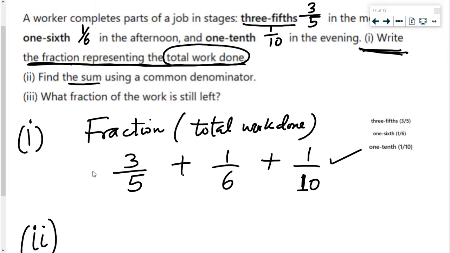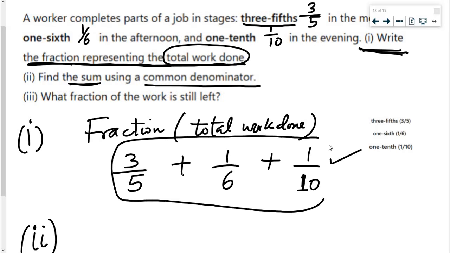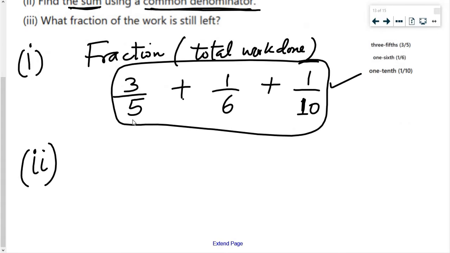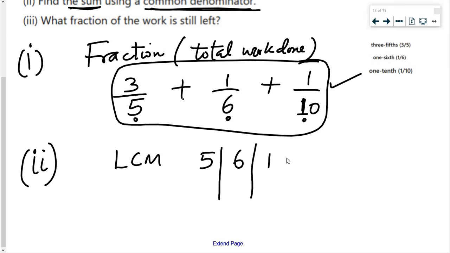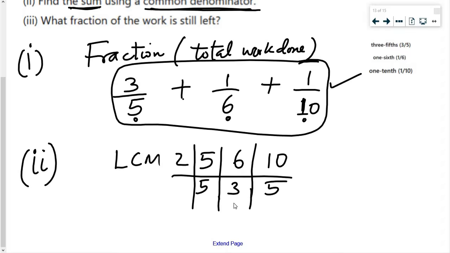Can you find the sum using common denominator? So now you need to find the sum of this fraction using a concept of common denominator. So here we need to find LCM of these denominators, which will be 5 here, 6 here, 10 here. LCM will be by 2, 5, 3, 5.